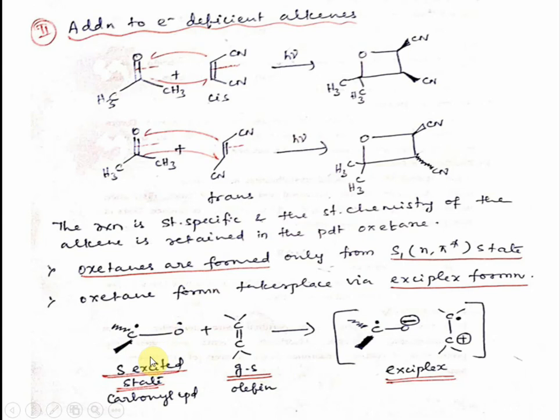This biradical will be in singlet excited state, and the alkene will be in ground state. Both will form a complex called exciplex. One substrate is in singlet excited state, another substrate is in ground state. Both substrates will add to each other and form the exciplex. Through the exciplex only, the product will be formed. What is the product? Oxetane.